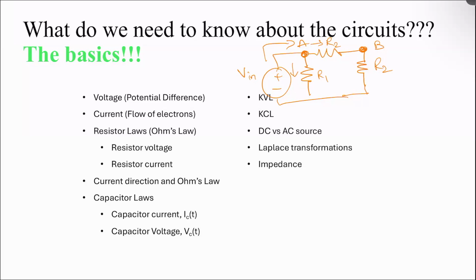And what would one of the loops be? For the one on the left, it would be V in minus R1 times I1 is equal to 0.